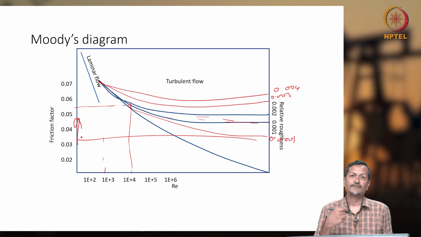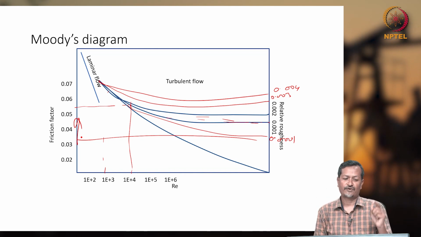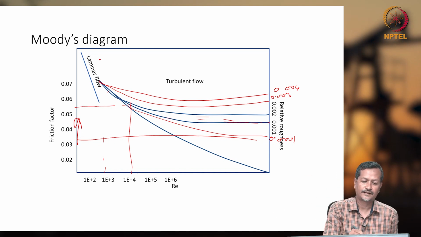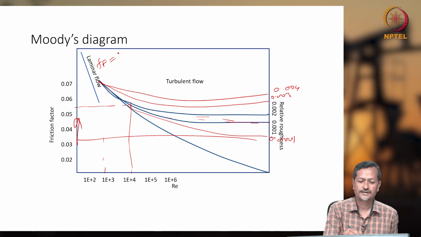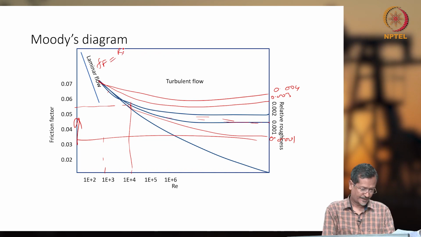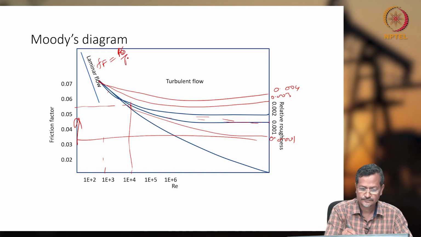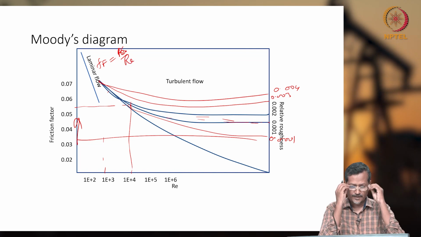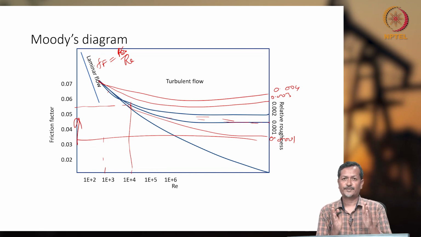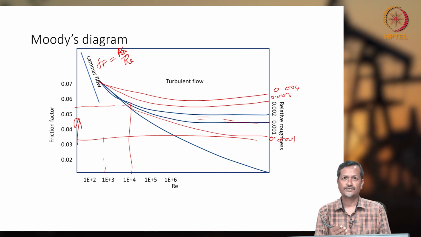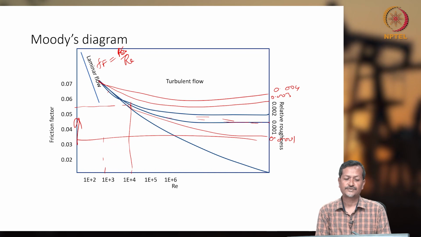Okay, and if you have laminar flow, you have seen the formula, F equals 16 by Re. If your Reynolds number value is very low, in that case you can use the formula 16 by Re directly, or you can use this chart also.